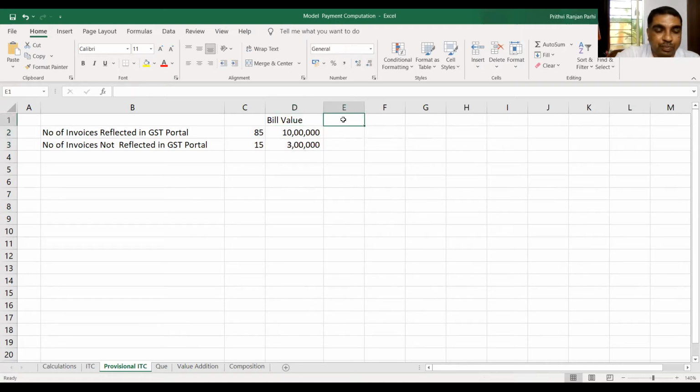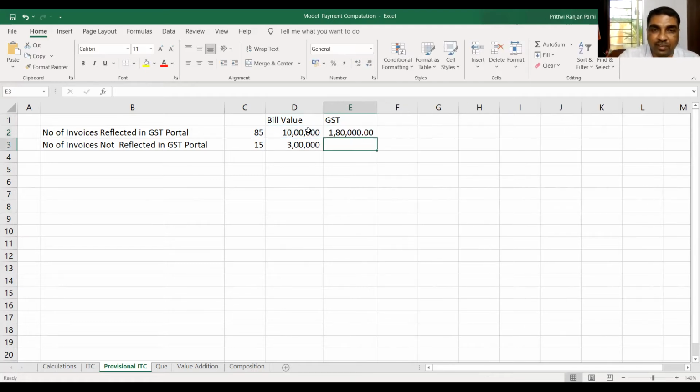And let us say on this bill, GST component. For simplicity, we'll take only one GST. Let us say it is IGST only. This into 0.18. Second also this into GST 0.18. So totally you are finding that as a businessman, you had 100 invoices.